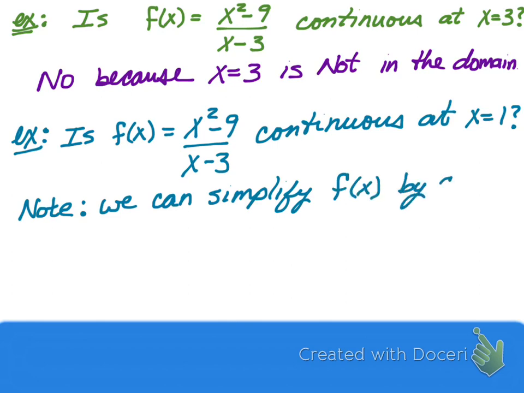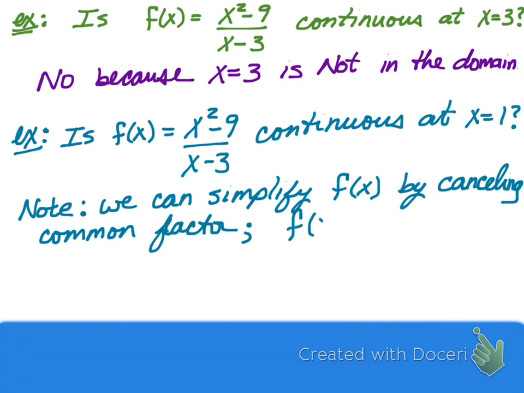Now, in section 1.3, where we did limits analytically, we talked about simplifying our functions by canceling out common factors. So our function f of x equals x plus 3 when x is not equal to 3, because I was able to cancel out the factor of x minus 3 from the numerator and denominator.